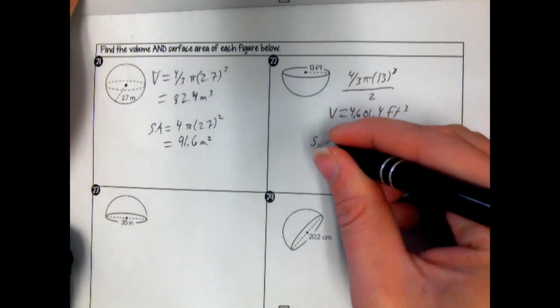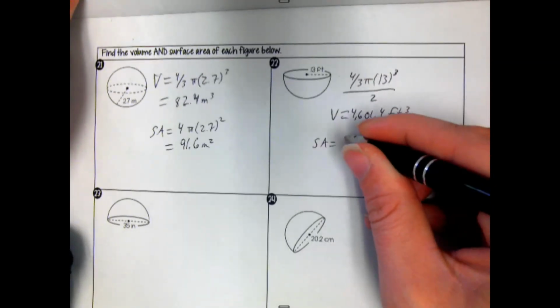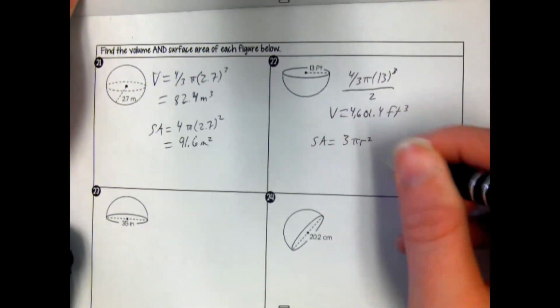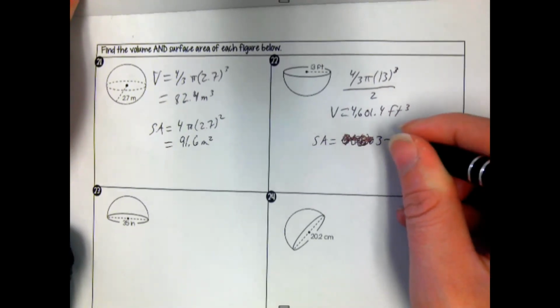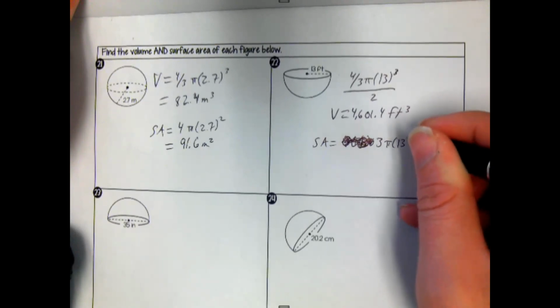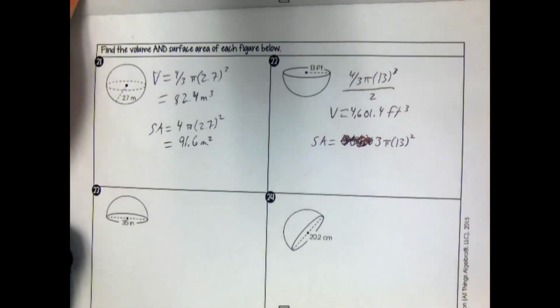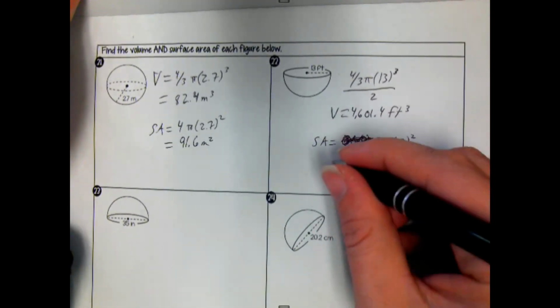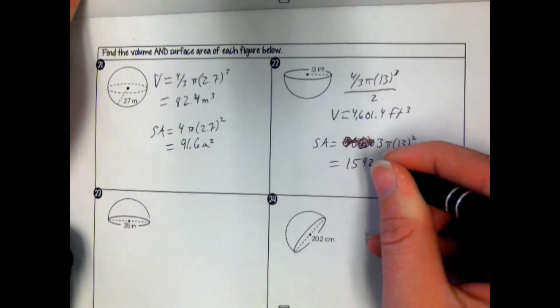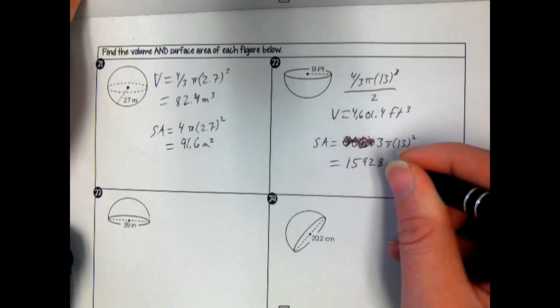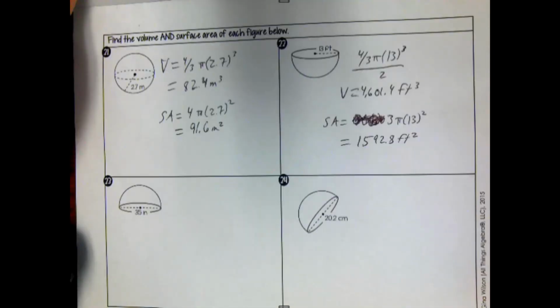And the surface area will be 3 times pi r squared, where r is 13, which is going to equal 1,592.8 square feet. And I think that's enough examples to give you the basic idea. That's volume and surface area for spheres and hemispheres.